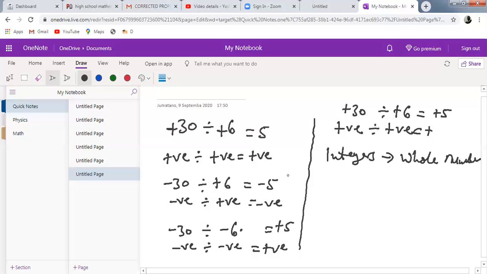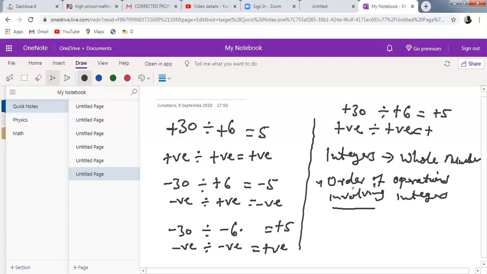So once you have understood how you divide, you multiply, you add and subtract, we can go to what we call the order of operations involving integers. So whenever we are talking about the order of operations here, we are making use of what is known as BODMAS.